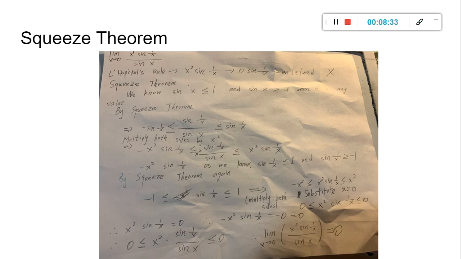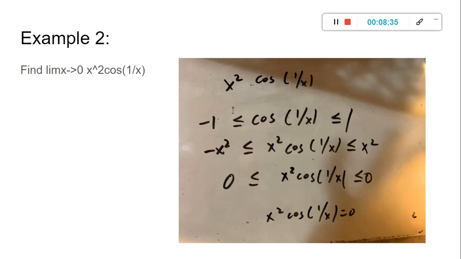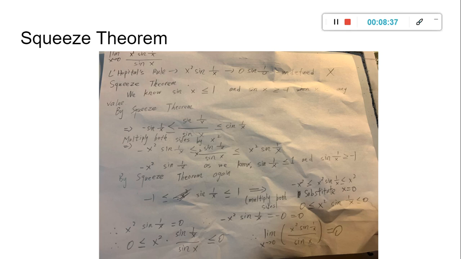Based on the statement we get here, cosine 1 divided by x is less than or equal to 1 and larger than or equal to -1. It is the same for sine 1 divided by x: less than or equal to 1 and larger than or equal to -1. So we get this statement.